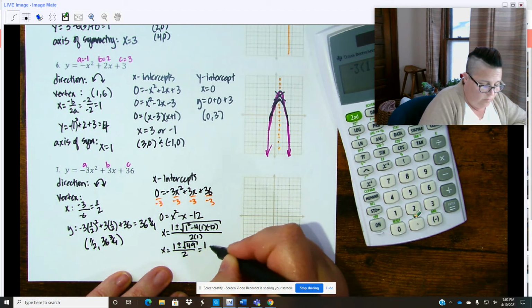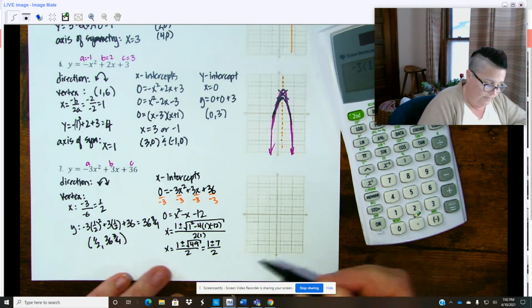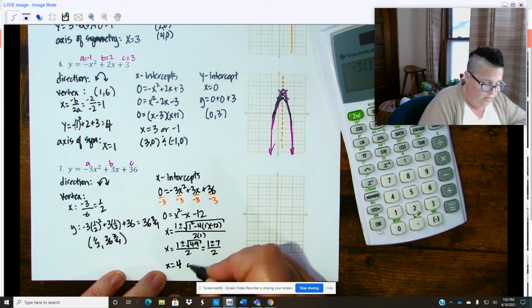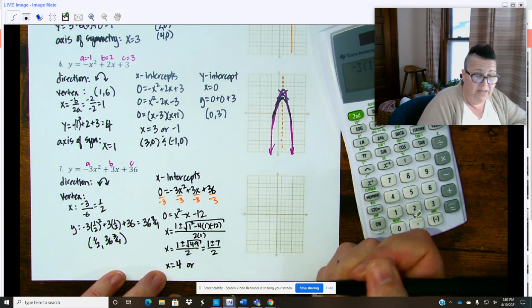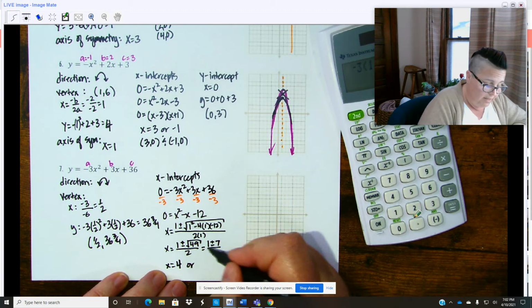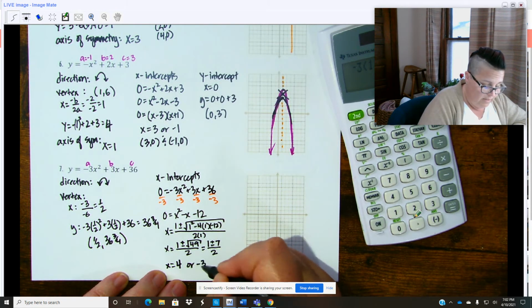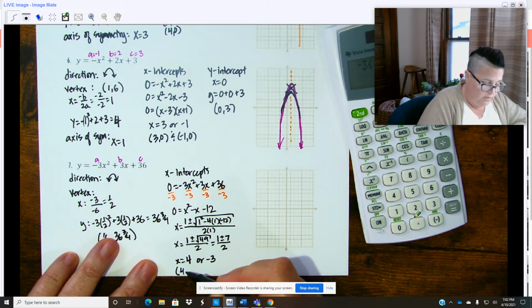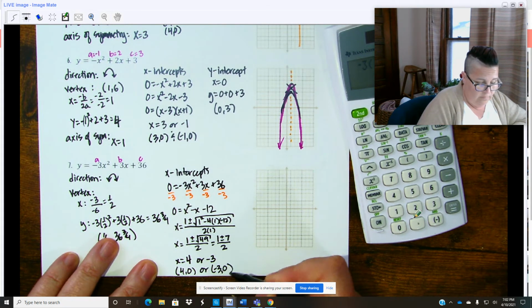So this is going to be 1 plus or minus 7 over 2. So x would be 1 plus 7, which is 8 over 2, which is 4, or 1 minus 7, which is a negative 6 over 2, or a negative 3. So my x-intercepts are at 4, 0, or negative 3, 0.